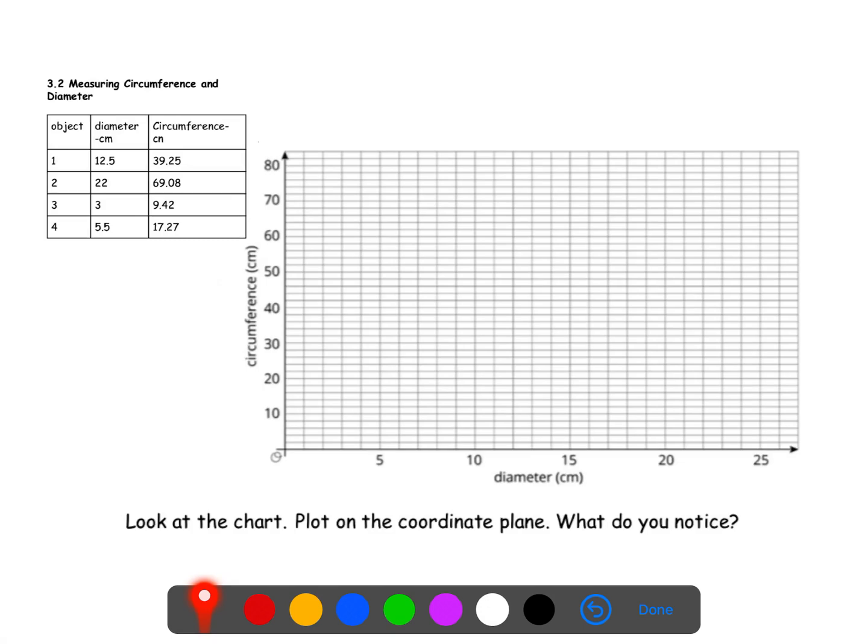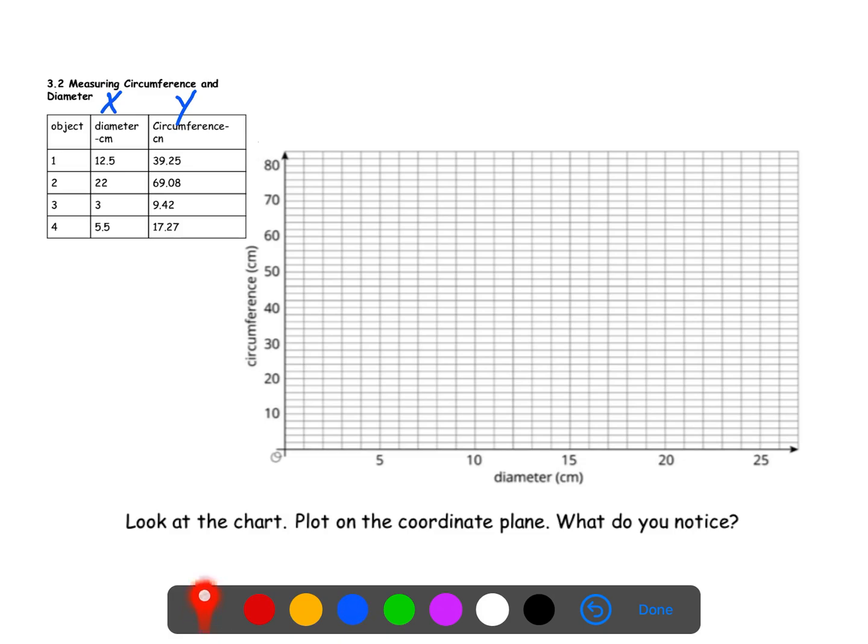But we have a table filled with some measurements, and we have an empty graph here, and it wants us to plot these points on the coordinate plane. You can see that our x-axis is labeled as diameter, our y-axis is labeled as circumference. So I'm going to get those points from my table with my x and y values.